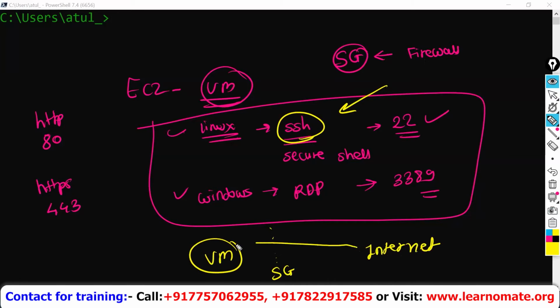We can have an inbound rule as well as an outbound rule. In the inbound rule, we can have port 22, then only we can go with the secure shell connection.